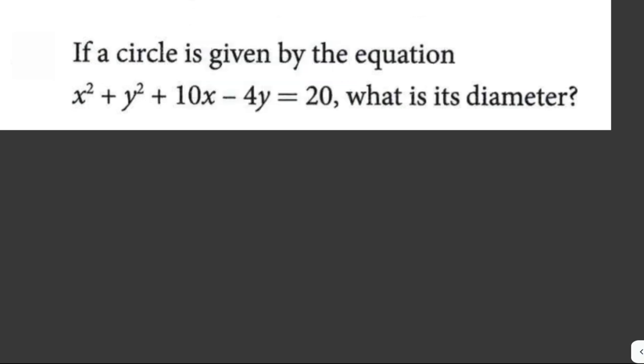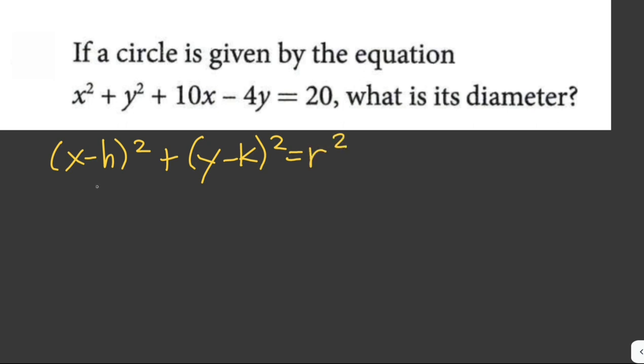So the equation of a circle is in the form of (x minus h) squared plus (y minus k) squared equals r squared, where (h, k) is the center and r is the radius.